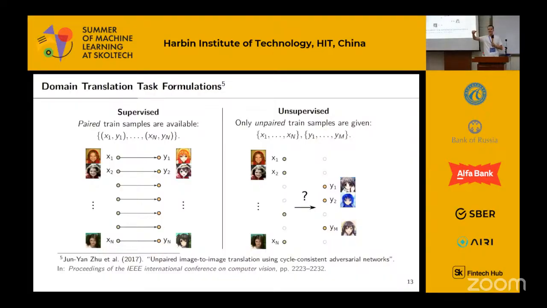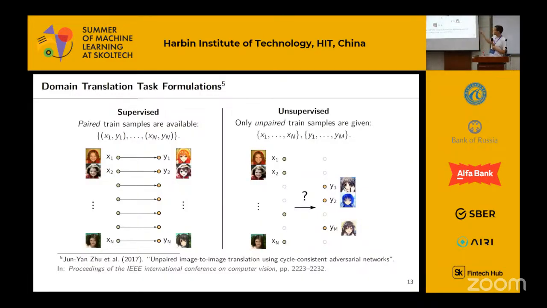In this case, this is a kind of standard supervised learning problem because your model knows both inputs and outputs, so it knows how the output should look for a particular given input. But unfortunately, in practice, this paired setup is not always available because collecting paired datasets is quite challenging. It may be costly, and in some cases it is very, very hard to collect such data.